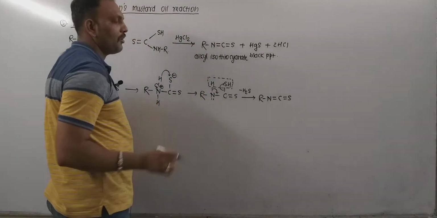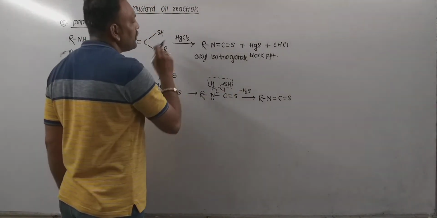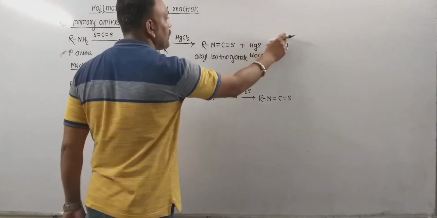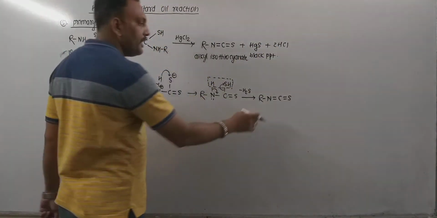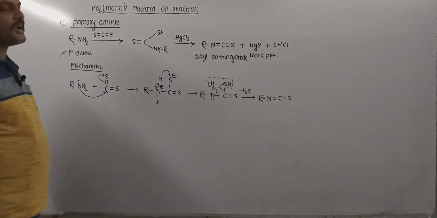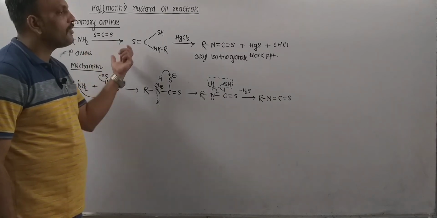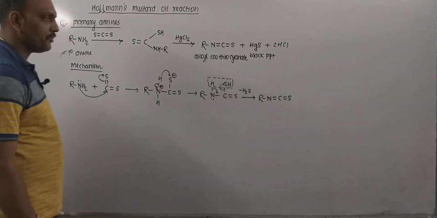There becomes a double bond. Now remember, this H2S further in turn reacts with HgCl2, leading to the formation of these products. In this way, alkyl isothiocyanate is obtained when primary amine is treated with CS2, that is carbon disulfide, and on further treatment with HgCl2.